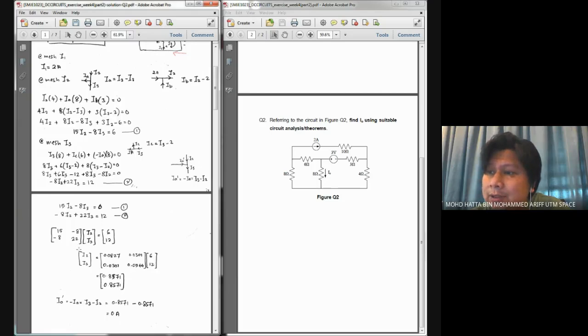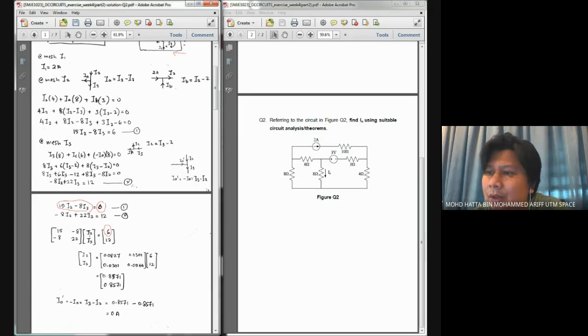First, I set up my equation in matrix form. Remember, in matrix form, this is 15 times I2, negative 8 times I3, which represents this part, equals 6. The right hand side represents this part.